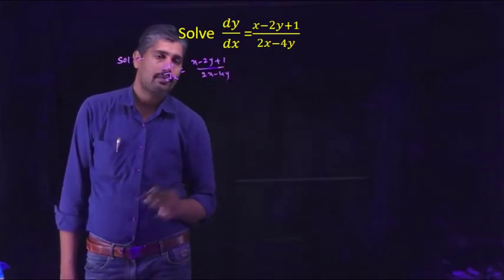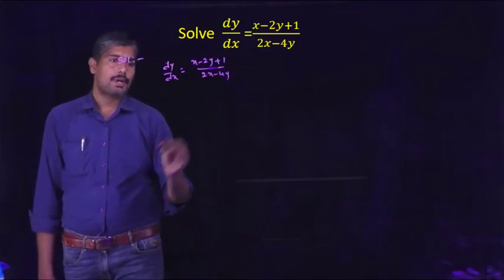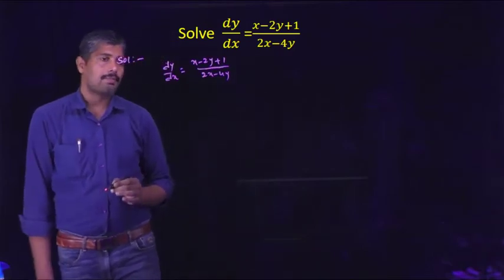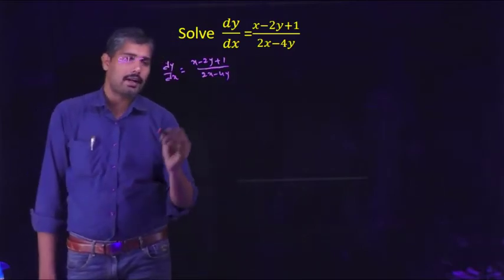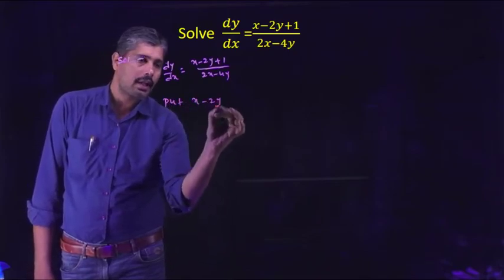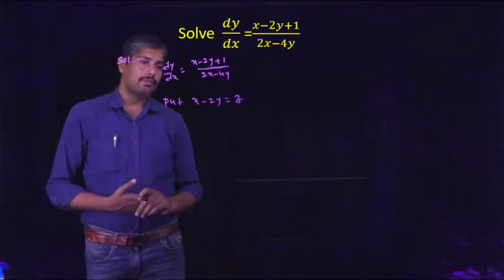Right? For separating the x terms and y terms, this is not possible. Separating x terms and y terms, not possible. That's why I put x minus 2y equal to z.